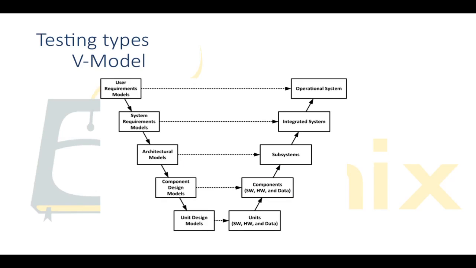Now we have particular testing models. As you can see, we have the V model here, which down one side matches user requirement models to operational system requirement models to integrated system architecture models to subsystems, component design models to components, switches, hardware, data, etc. And unit design models to units, software, hardware, data, etc. again.